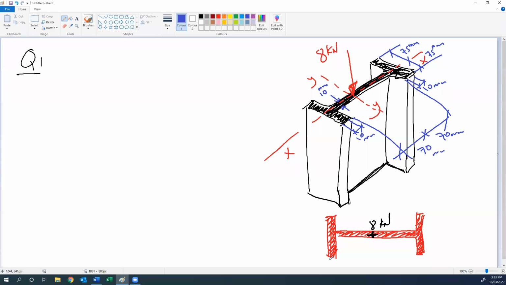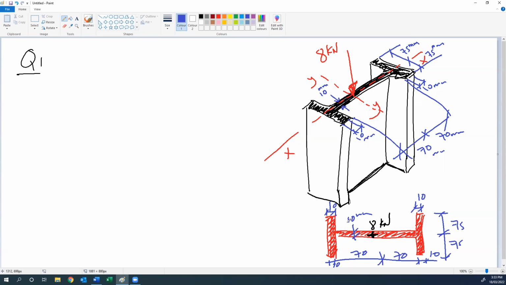If we want to put this dimension here, we have 10 millimeter, 70 millimeter, 70 millimeter, 10 millimeter, and in the other direction, 75 millimeter, and the thickness is 10 millimeter, 10 millimeter. The thickness of the web is 10 millimeter.